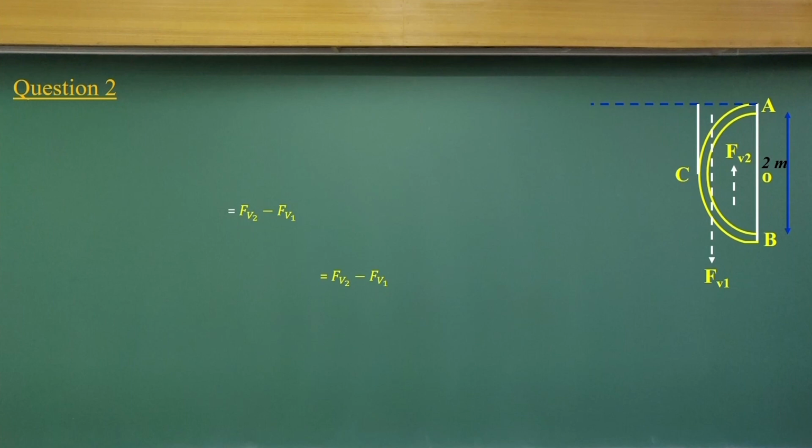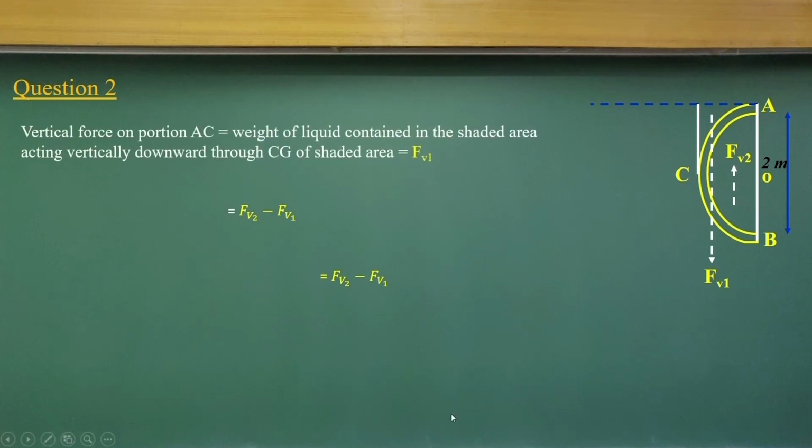In a similar way, to compute how much vertical force is acting on this, if this is my free surface, the shaded part will give a vertical force component Fb1, but Fb2 will be all of the shaded part. Subtracting this part gives the net force acting vertically upward.